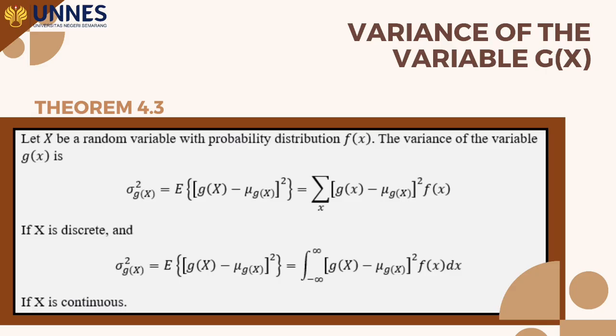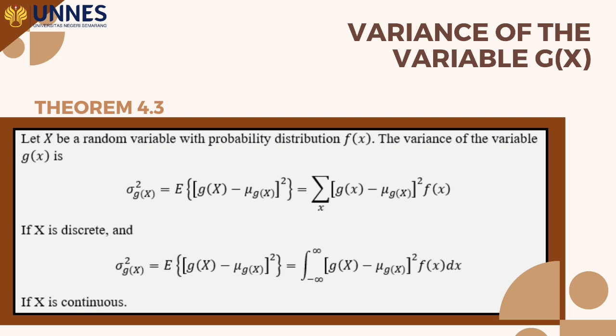Okay, so next we talk about the variance of the variable g(X), and here we have theorem 4.3 that says: let X be a random variable with probability distribution f(x), and the variance of the variable g(X) is, so here we just change the function from X to g(X).